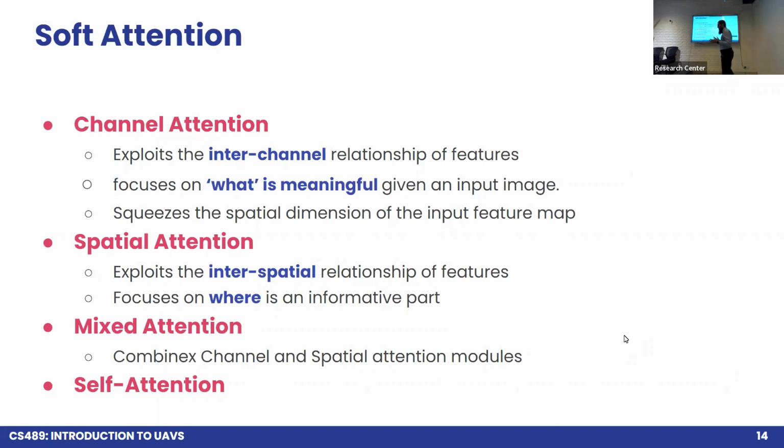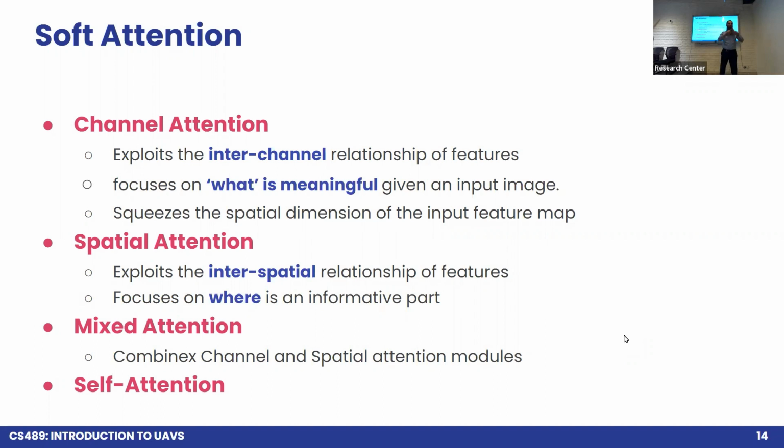Usually when you do, for example, any pooling or any operation on a matrix, you're going to choose a particular axis. And you know in a feature map, you usually have several channels, and every channel represents one feature map, which is almost like an image. So channel attention means you are going to exploit the inter-channel relationship of the features. You are going to extract information on a channel basis, not a spatial basis.